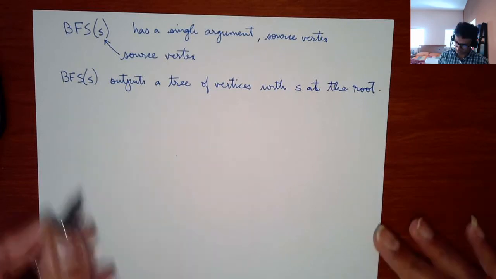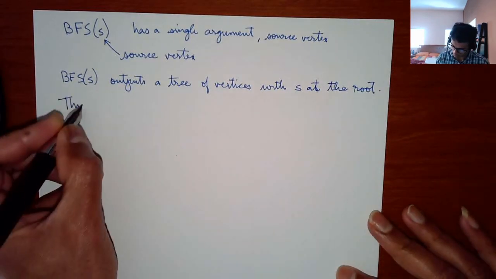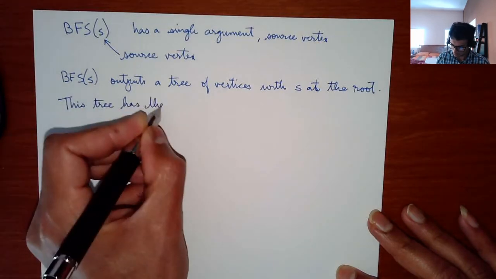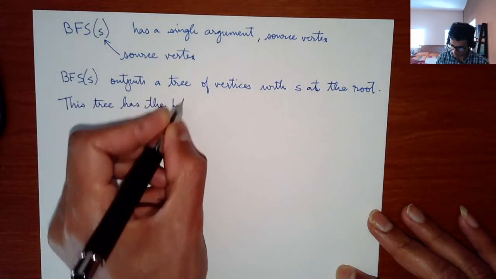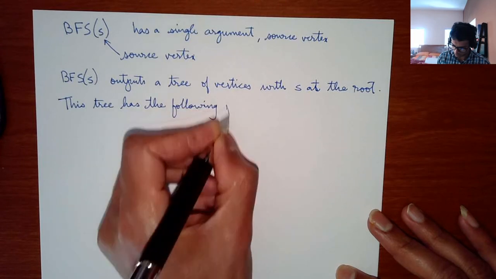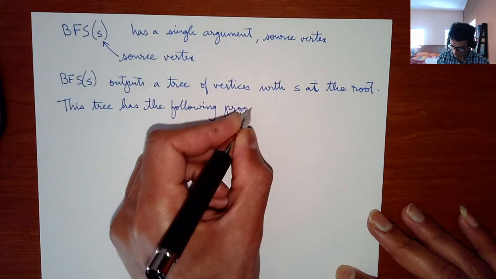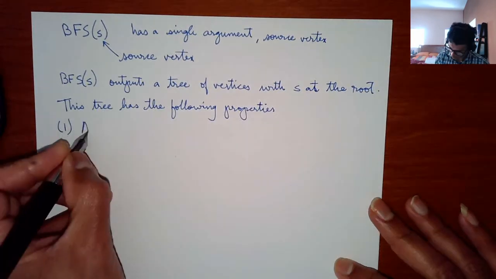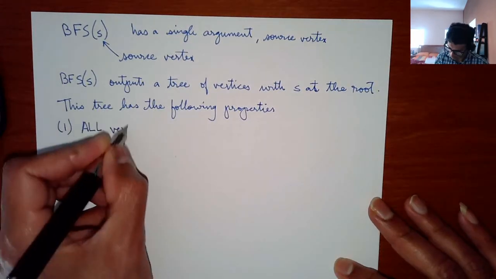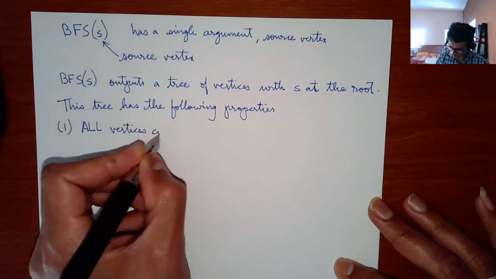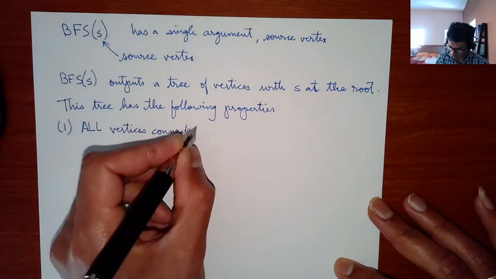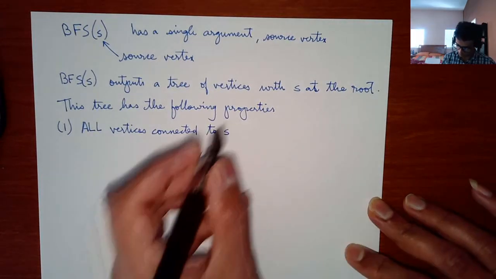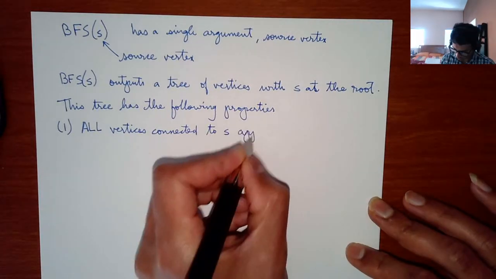What it's going to output in the end is going to be a tree, and this is a very special tree. This tree has the following properties. One, all vertices connected to S appear in the tree.